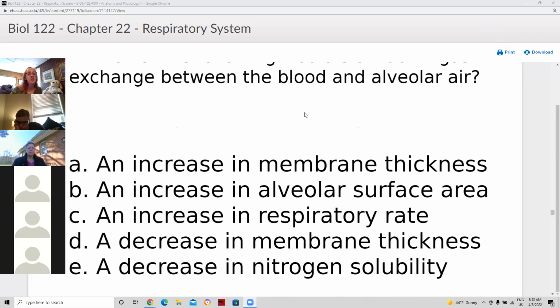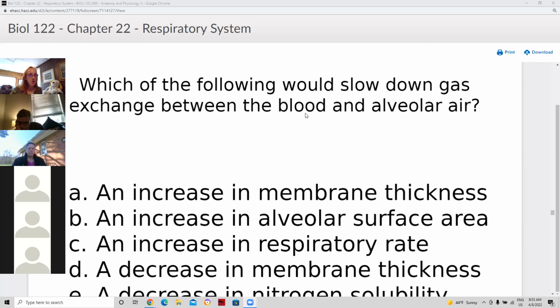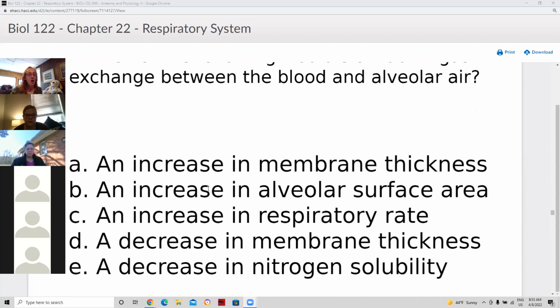If something is increased in its surface area, will it allow for better diffusion or less diffusion? Better. So I would say A.